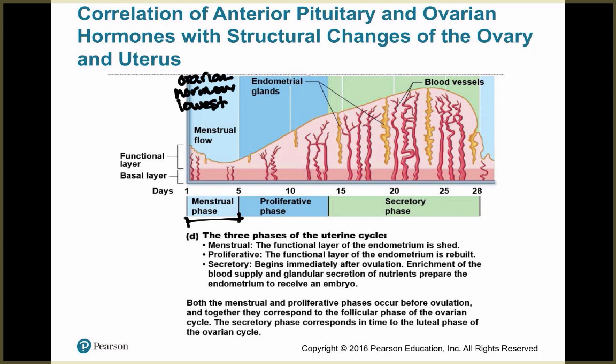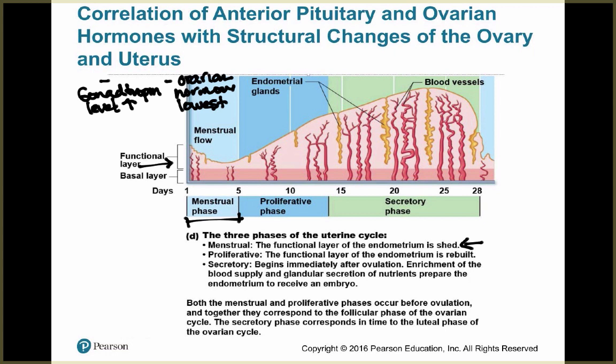This is when the gonadotropin levels begin to rise. And basically the stratum functionalis detaches from the uterine wall. See, and it says it right there. And so basically menstrual flow of blood will last from day 3 to 5.